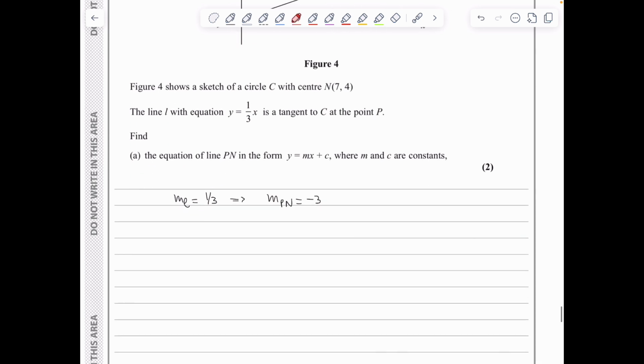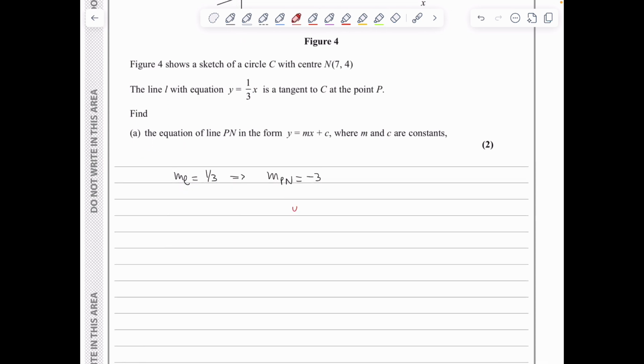And since we've got a point and the gradient, we can use y minus y1 is m times x minus x1 to find the equation of the straight line. So we're looking at y minus 4 is negative 3 times x minus 7, leading to y minus 4 is negative 3x plus 21, and therefore we arrive at y is negative 3x plus 25.